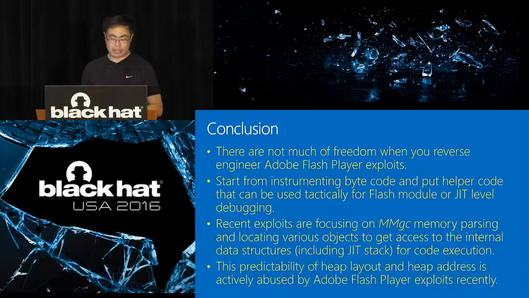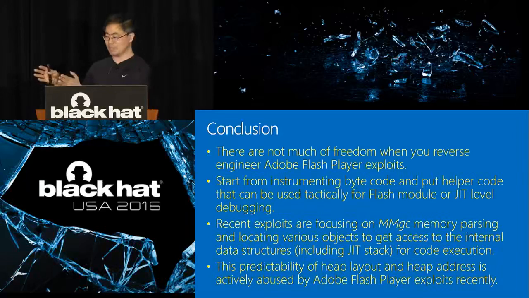And because a lot of important things happen inside the JIT level, even if you have symbols, for example for Flash, it doesn't help, because everything happens in the JIT level, and you need to match between the ActionScript code, bytecode level, and JIT level code. It's not easy to match between them.